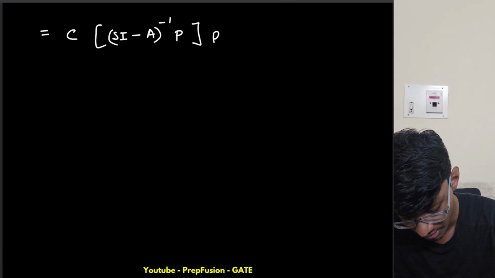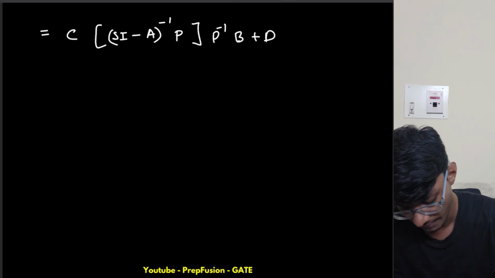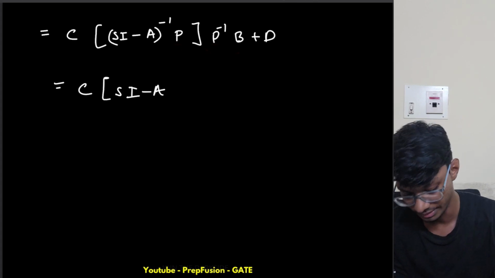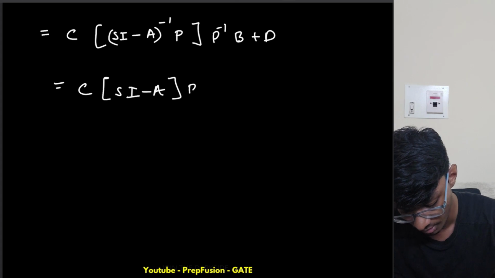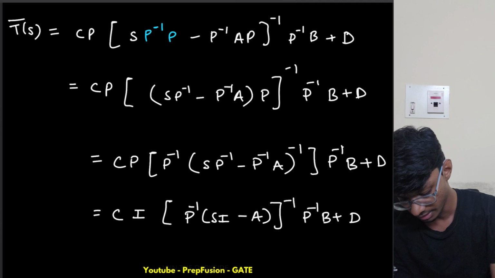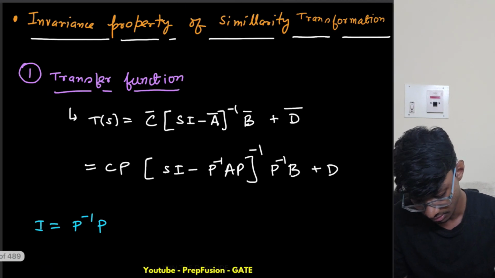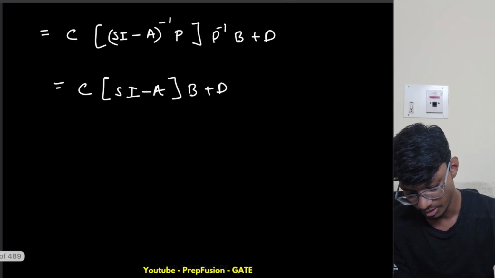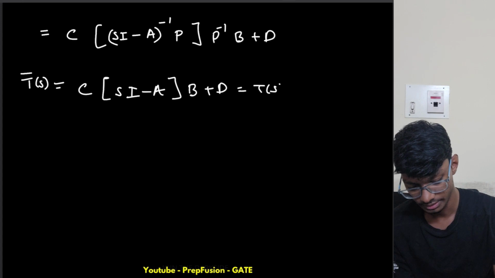So this is again P inverse times B plus D. SI minus A inverse, then P times P inverse is I only, and I times B is B only, right? So this becomes B plus D. Let me write this as T bar so that you will understand. This is T bar of S. Okay, so what I see is my T bar of S equals T of S, right?